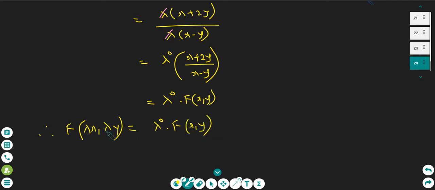Even if we replace x and y with lambda x and lambda y, we get back the same function with some degree of lambda. Here the degree is 0. As we know, a differential equation is homogeneous if the function is homogeneous, here with degree 0, which we can clearly see.